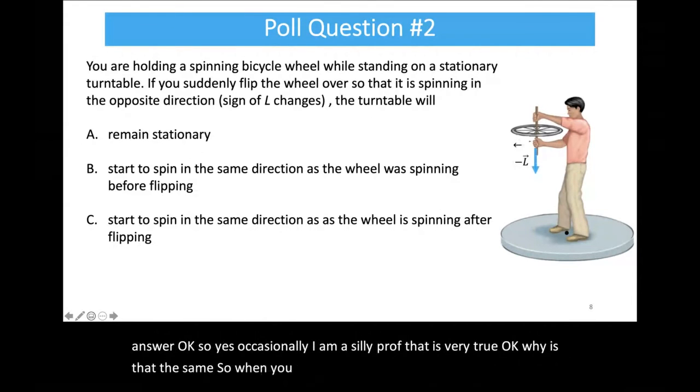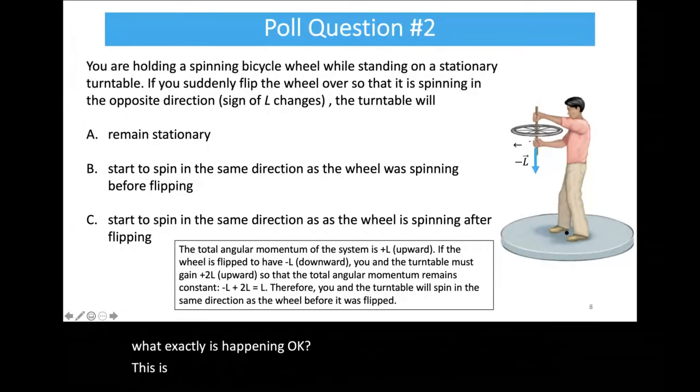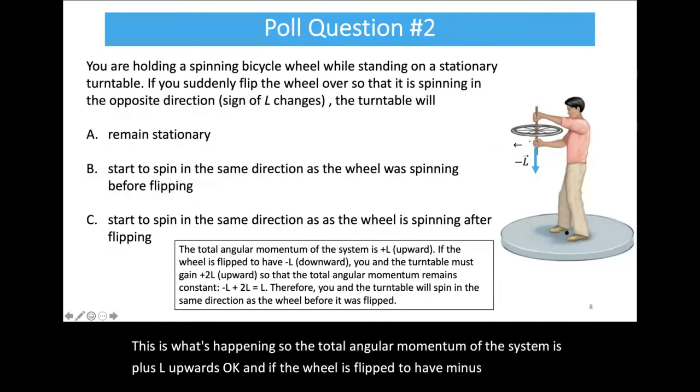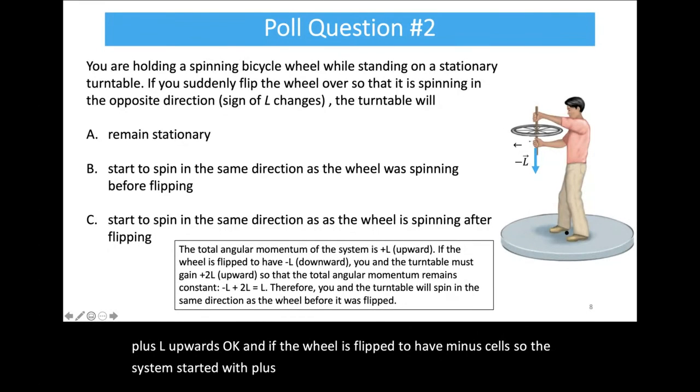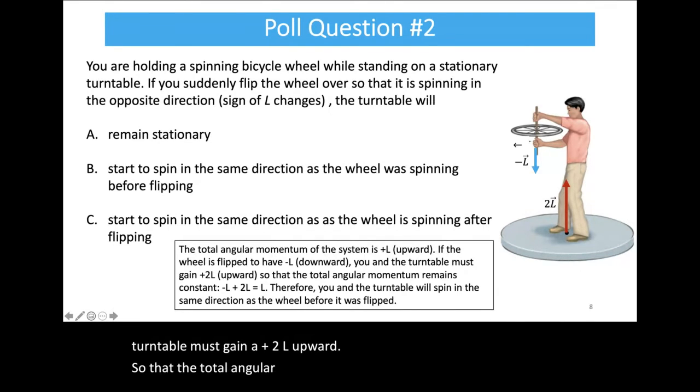When you go from this to this, what exactly is happening? The total angular momentum of the system is plus L upwards. If the wheel is flipped to have minus L, the system started with plus L, so you and the turntable must gain a plus 2L upward so that the total angular momentum remains constant.